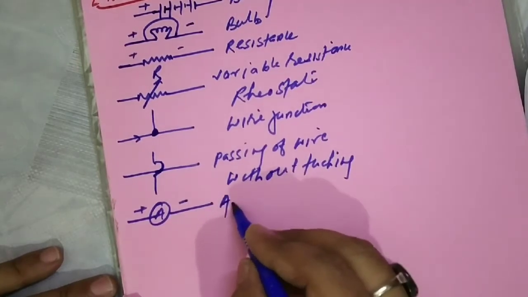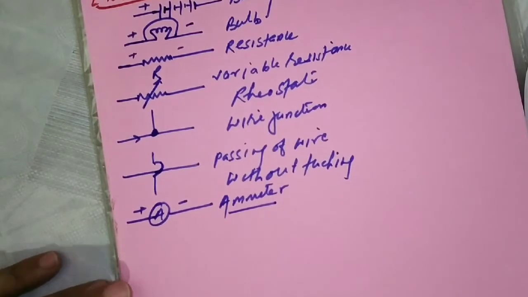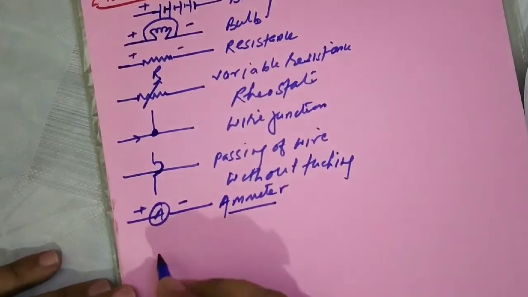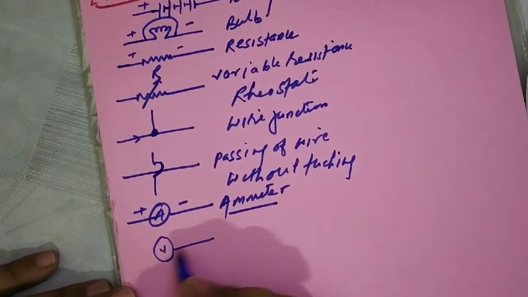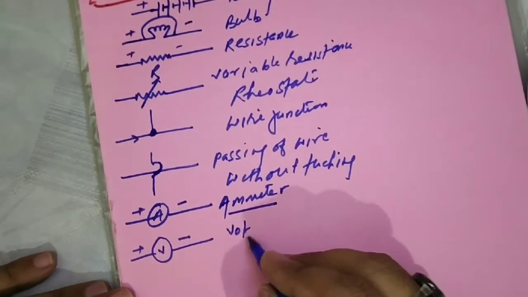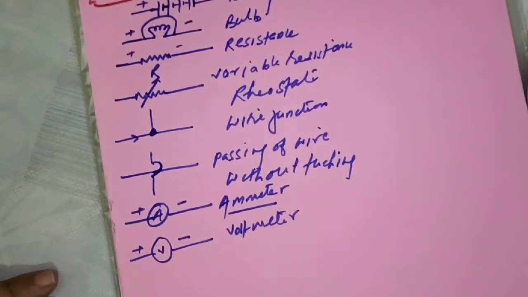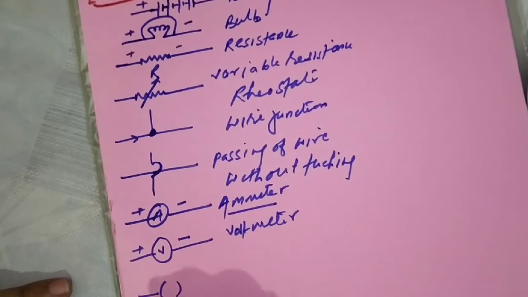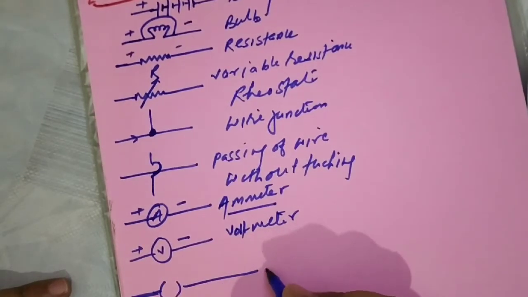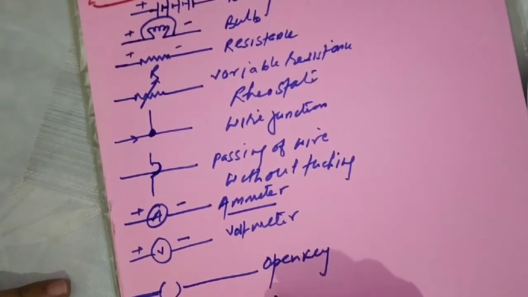Symbol of ammeter. An ammeter is a device used to measure electric current. Symbol of voltmeter, used to measure potential. This is the symbol of an open key, or you can say off switch.